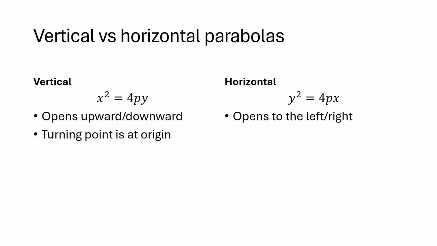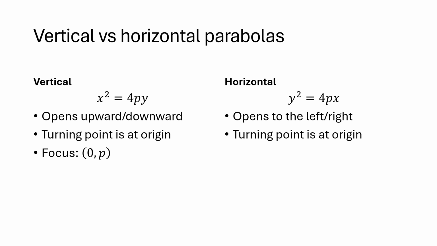The turning point for the vertical, or this equation that you see on the left, is at the origin, and the same for the one on the right. Turning point is at the origin. If x is 0, then y will be 0, and vice versa. For the vertical parabola, the focus was on the y-axis, and we saw it is at 0, p.